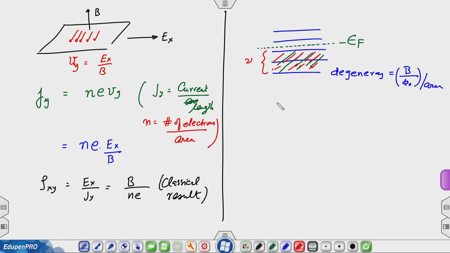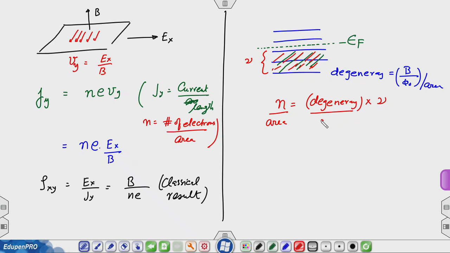And this tells you that n is going to be equal to degeneracy times nu, and this is per unit area.